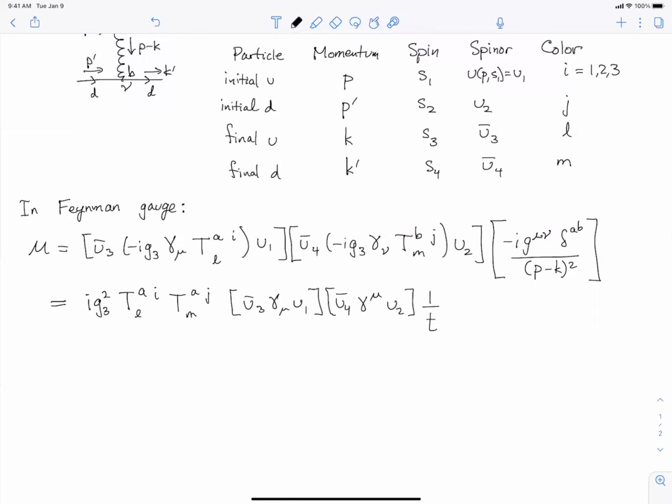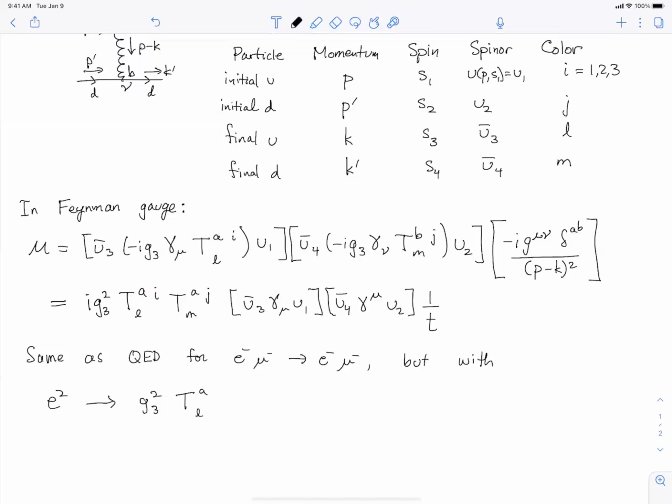So this is in fact the same as QED for e minus mu minus goes to e minus mu minus, but instead of writing down e squared like we would in QED, now we're writing down g_3 squared times this pair of color matrices that we have to do something with.